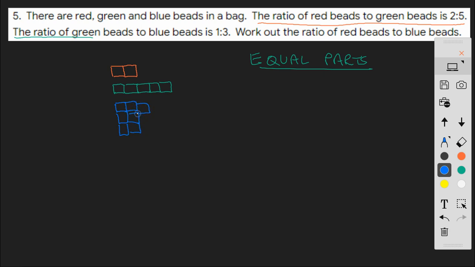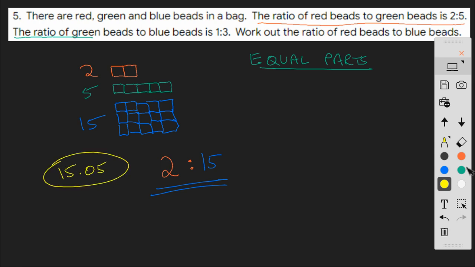And we can see what our answer is going to be here, which is that we have now got 15 blue parts, 5 green parts, and 2 red parts. So if we're asked to work out the ratio of red to blue, that is 2 to 15.